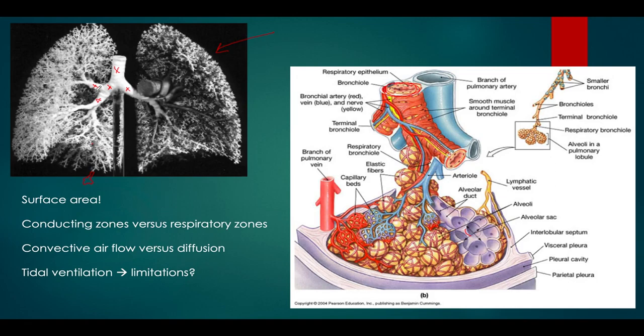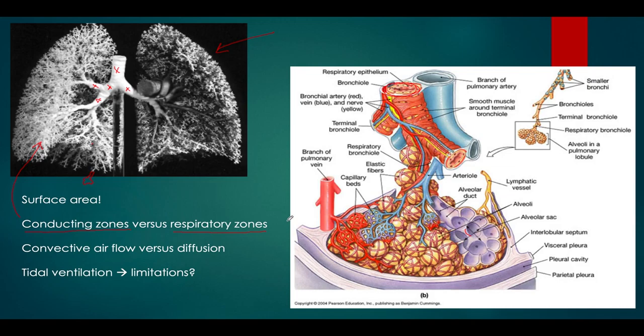Now, everything you see, so what am I getting at here with this? Conducting zones versus the respiratory zones. And I'll lay this out in what's called the Weibel model in the next figure, the next slide, I believe. But I can point to it here as well, because everything you see in this cast is conducting zone, right?